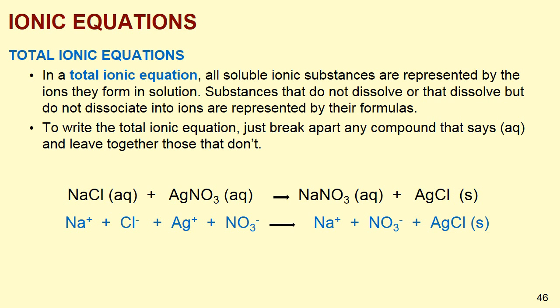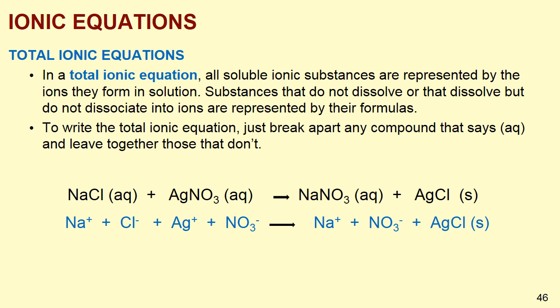So if we take that molecular equation and write it in terms of its ionic form, or the total ionic equation, all we do is take anything that has the aq after it and break it apart into the ions, like we saw a couple of slides ago. The NaCl, which is aqueous, will break apart into Na plus and Cl negative, so we write them as separate ions. The AgNO3 also breaks up into Ag plus and NO3 minus.